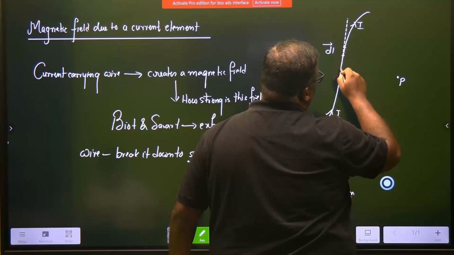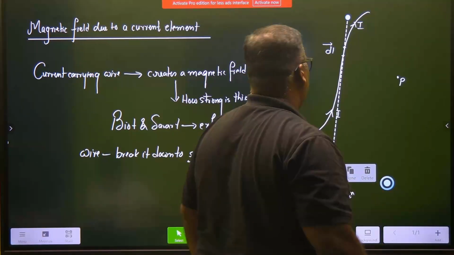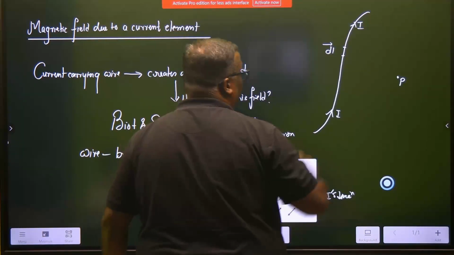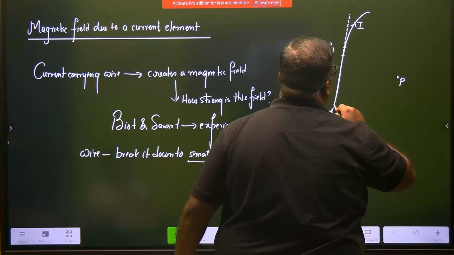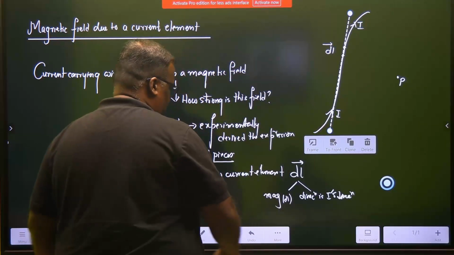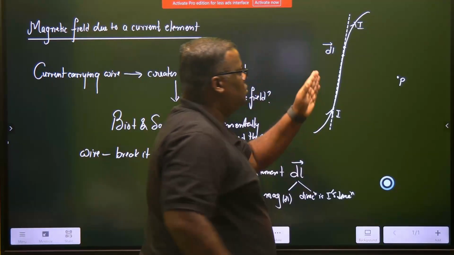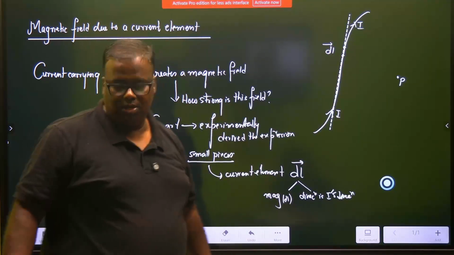To find it out, I draw a small tangent at this place, like this, and my dl vector's direction will be exactly the direction of this tangent. The current is going upwards, so at this moment dl vector is pointing upwards. Is this understood and are you clear about this?